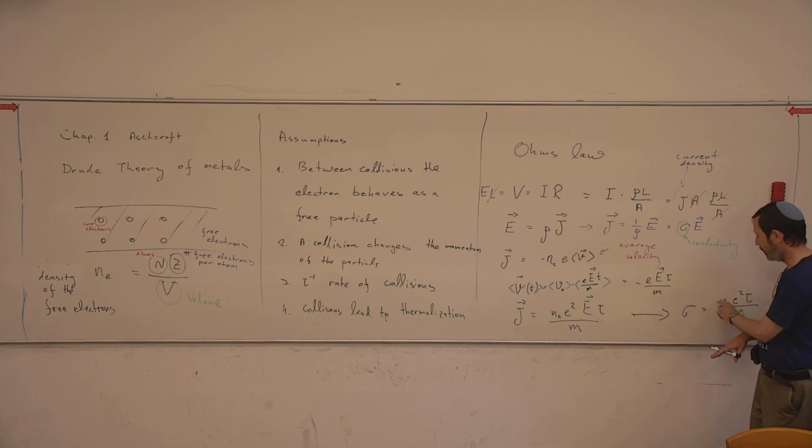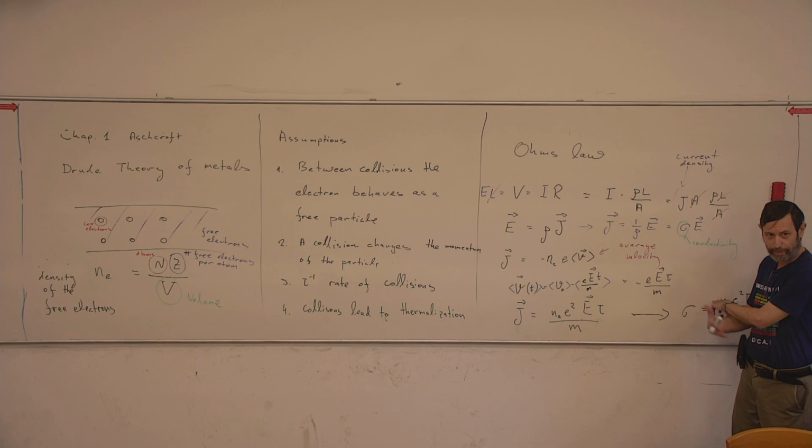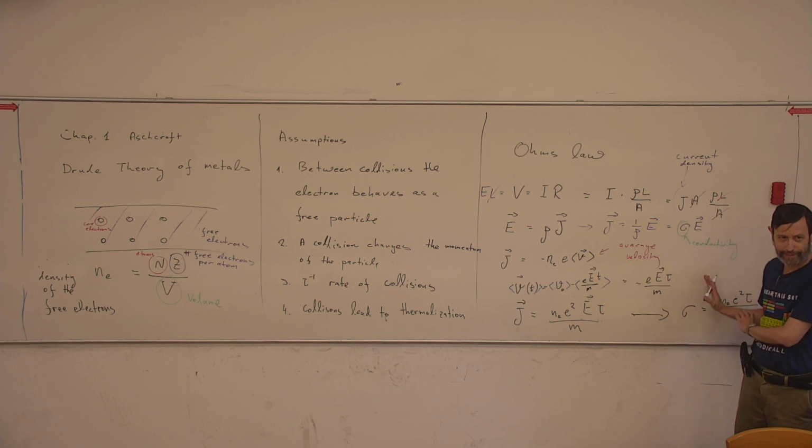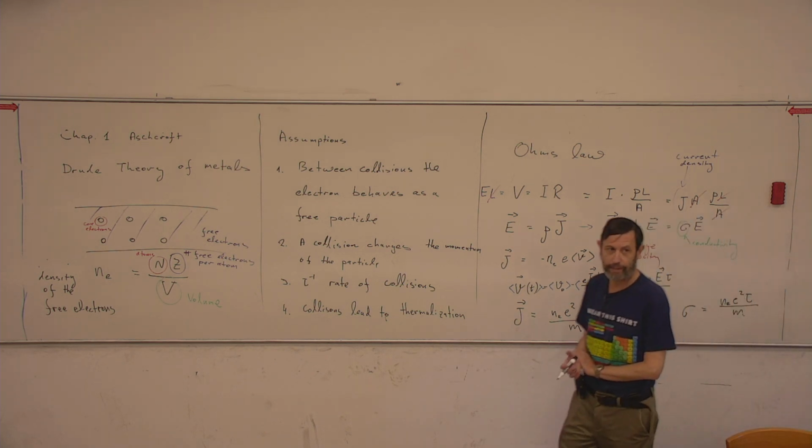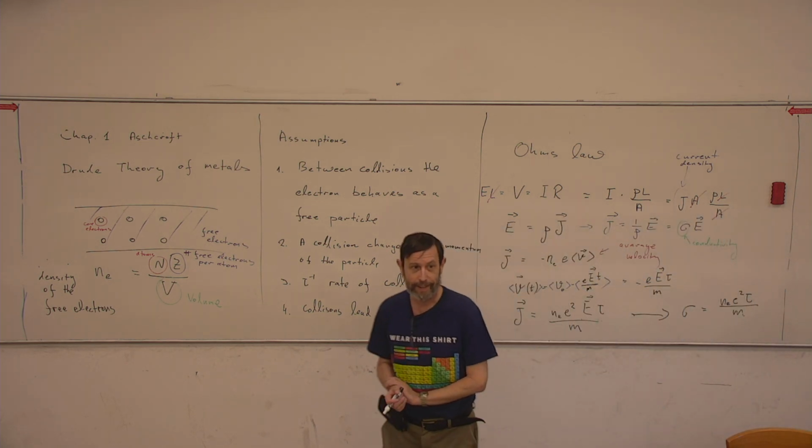This number is not an integer, which is actually a problem for Drude, but we'll touch on it in a moment. Can I independently measure one of these two quantities? And the amazing thing is, yes.